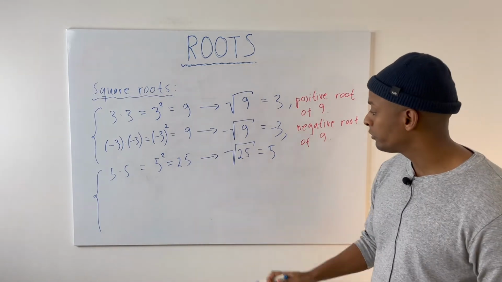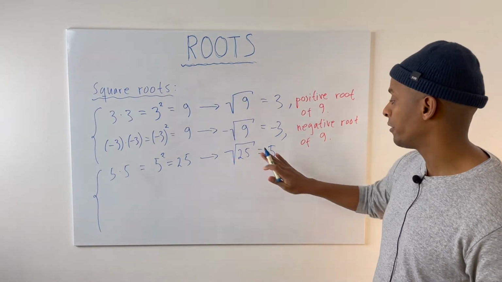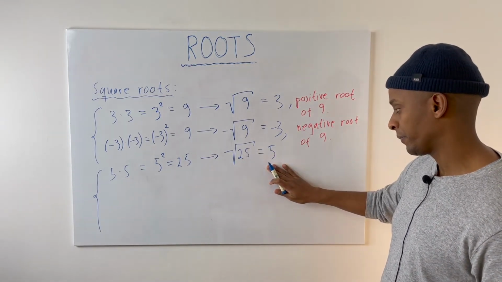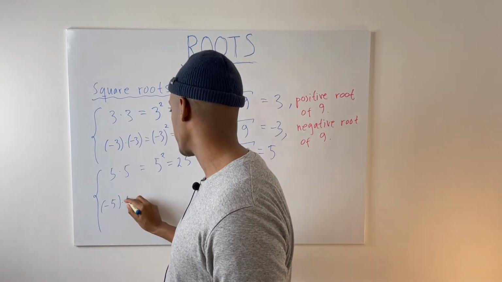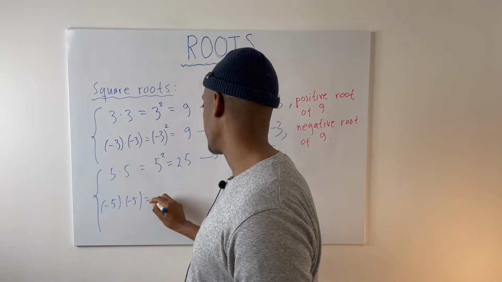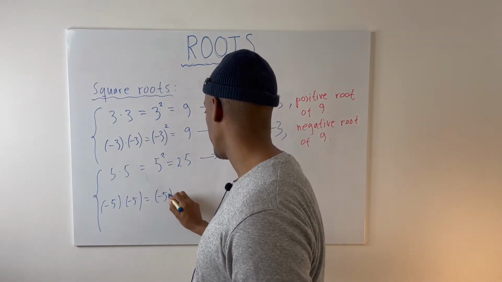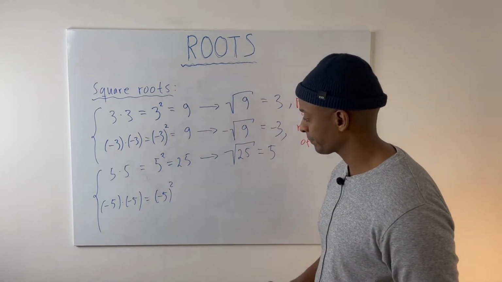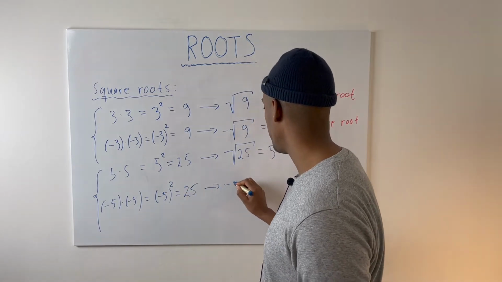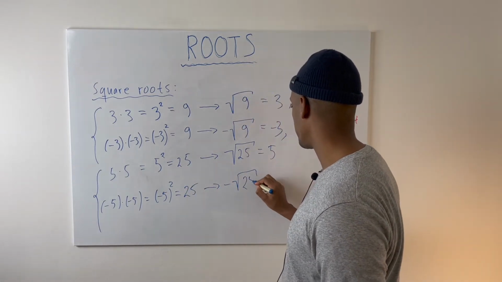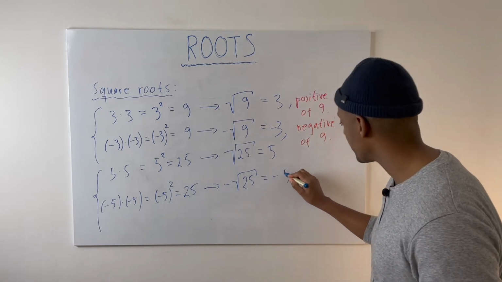So the positive root of 25 is 5. Similarly, if we do minus 5 times minus 5, that's equal to minus 5 squared, right? Which is equal to 25 as well. So the negative root of 25 is minus 5.